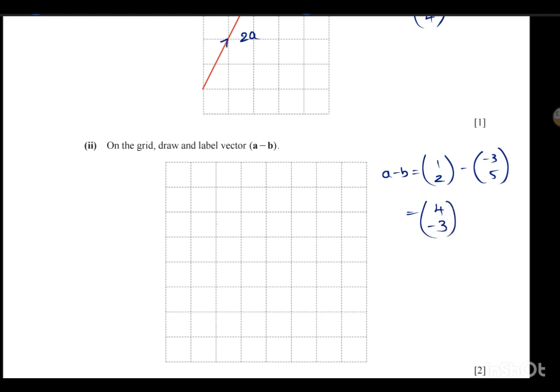So it is 4 right, 3 down. So select a point on the top of the grid. So 1, 2, 3, 4, then 1, 2, 3. So it should be like this, and the arrow mark should be downwards. So it is A minus B.